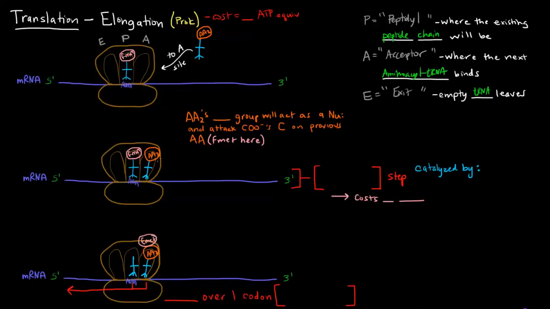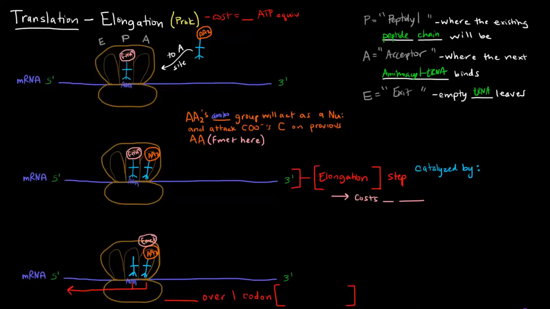Once this tRNA is bound, then we can have the actual elongation step occur. So what does the elongation step consist of? Well, amino acid number 2, the next amino acid, its amino group will act as a nucleophile and attack the carboxyl carbon on the previous amino acid in order to form a covalent bond.